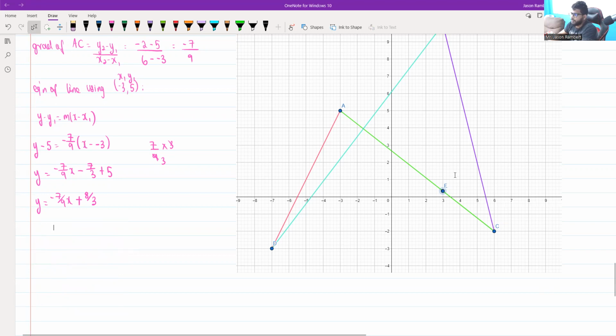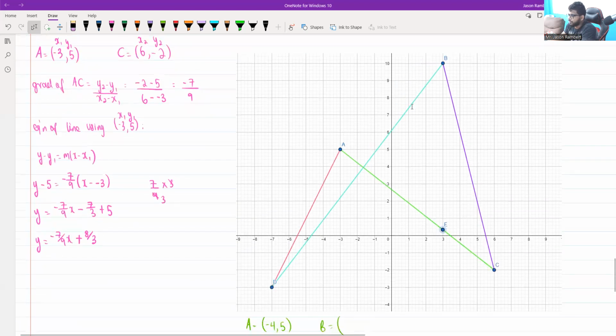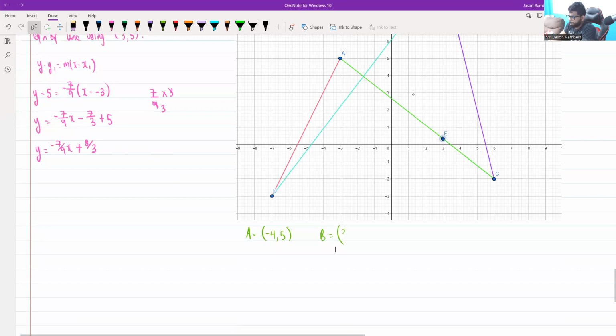A is minus 4, 5. B is 3, 10. C is 6, minus 2.